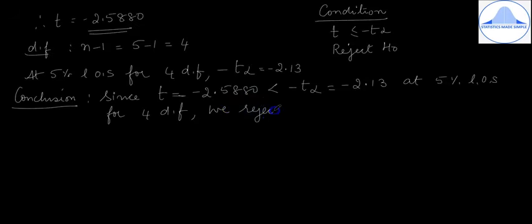We reject h naught and conclude that when you reject h naught, it means that you are accepting h1. Mu1 is less than mu2.